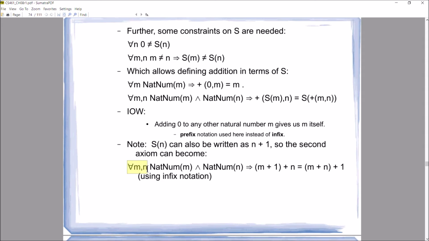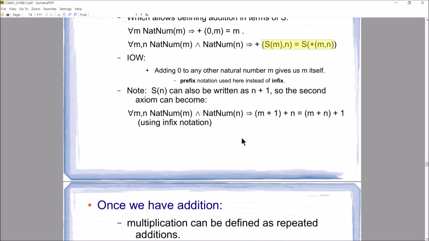For any two objects within a domain, if one of them is a natural number and the other is a natural number, then that implies that m plus 1 plus n is equal to m plus n plus 1, using that infix notation. That looks a little bit easier to understand than the way we had written it previously. Okay, so this might be a little more clear. Let's go with it as long as you can understand what's happening.